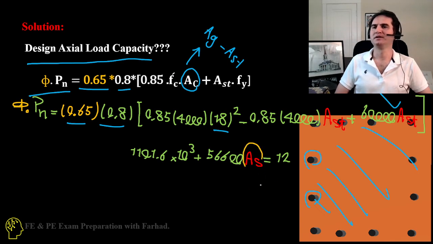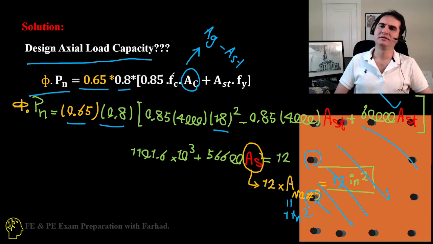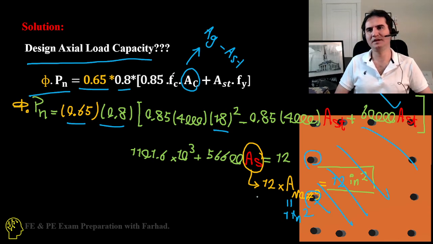At the same time, for a number 9 rebar, the area is 1 inch squared if you look at the table, and 12 of them is 12 inch squared.